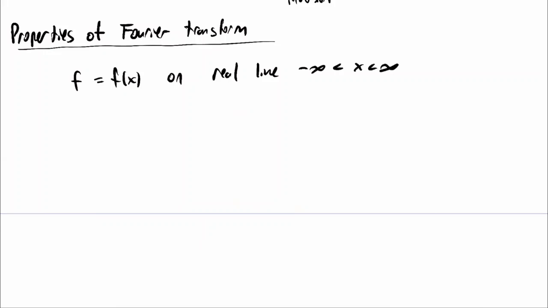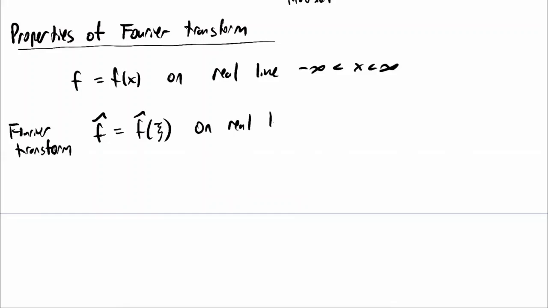And then we'll have the Fourier transform of f, which is denoted by f with a hat. And usually this function, which is also a function on the real line, is denoted as a function of the variable xi. And by taking Fourier transforms, again, you can go back and forth between these, as we just saw.